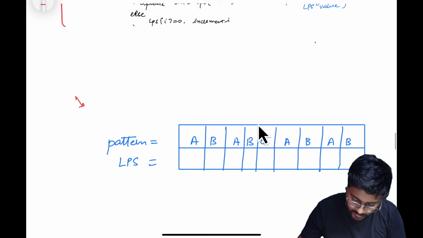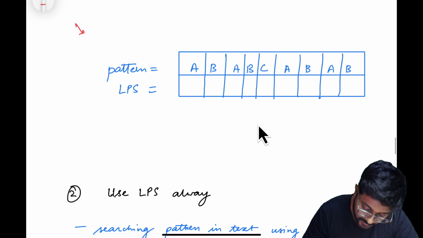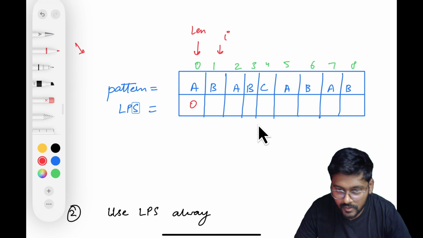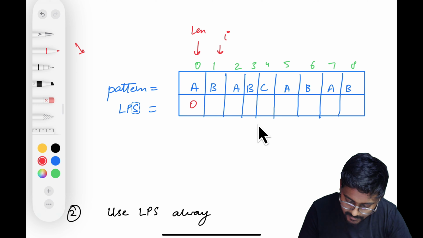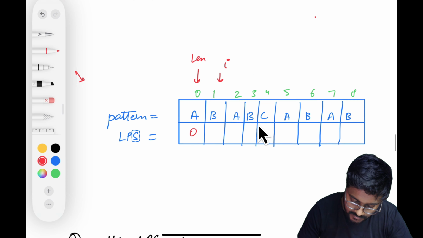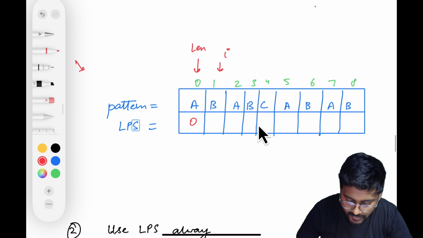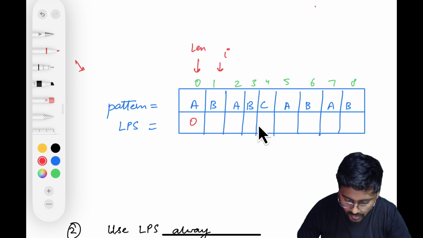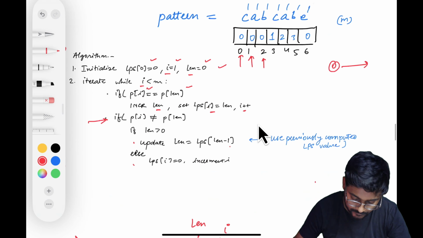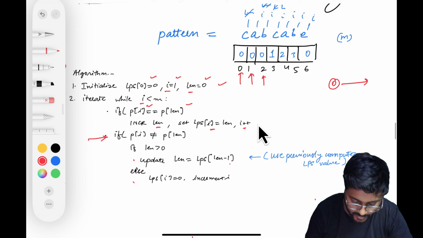We'll have a look later on. Firstly, let's try to build our LPS array with this example. This is our initialized state: length is pointing to 0, I is pointing to 1, and the LPS of 0 is 0.